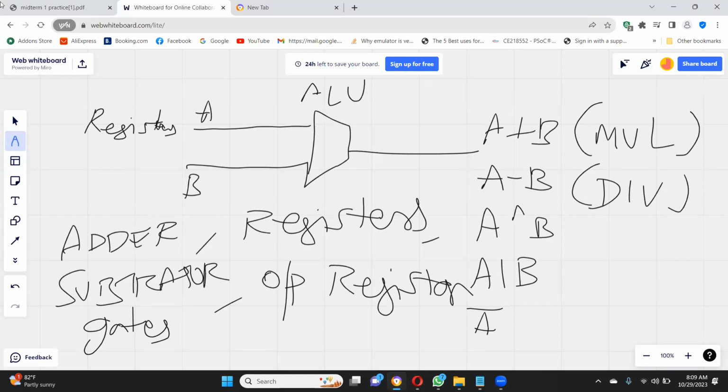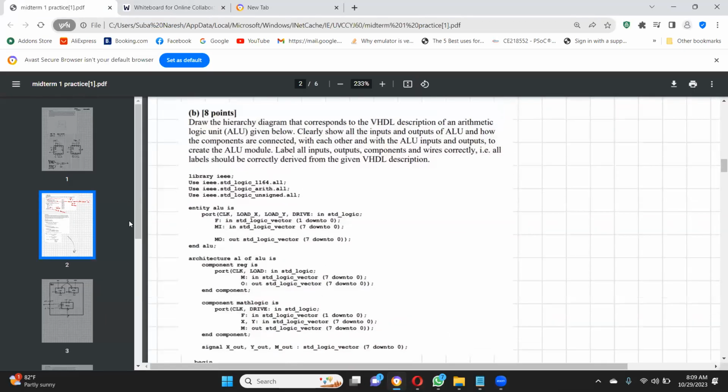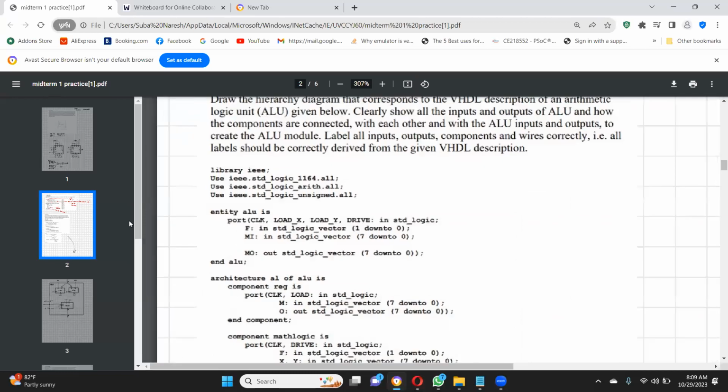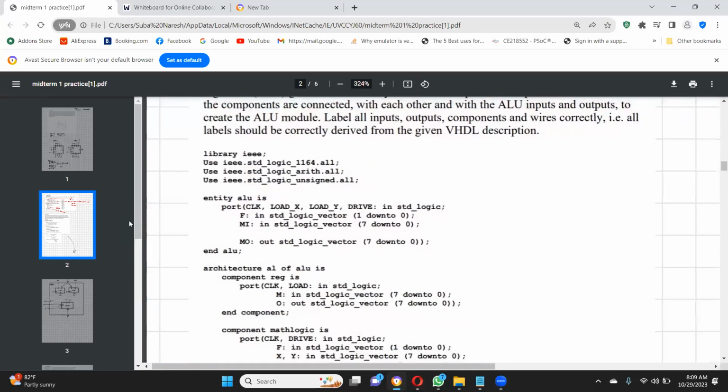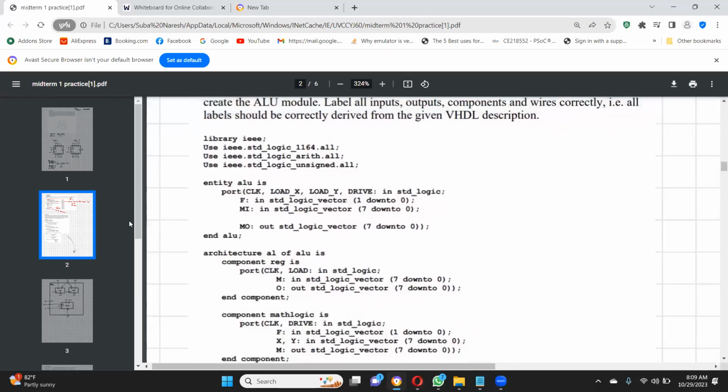So now let's go back to the question. See here, they start from this. They are working on an 8-bit ALU, and that is why you see MI and MO from 0 down to 7. 0 to 7 means how many bits? 8 bits, right?